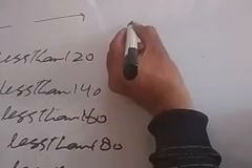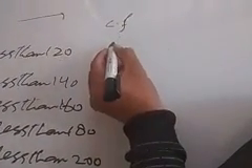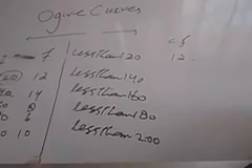Now I will write cumulative frequency less than 120. That means prior to this interval there is no interval, so the cumulative frequency will be 12. In case of less than Ogive type you have to find cumulative frequency.